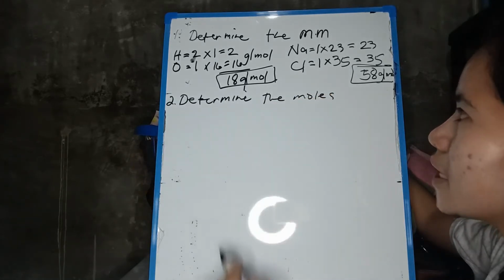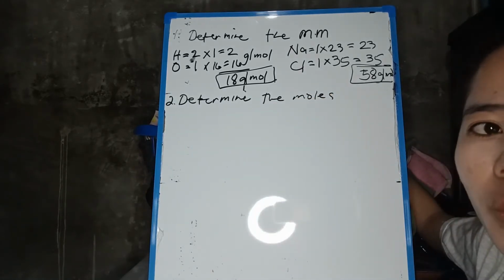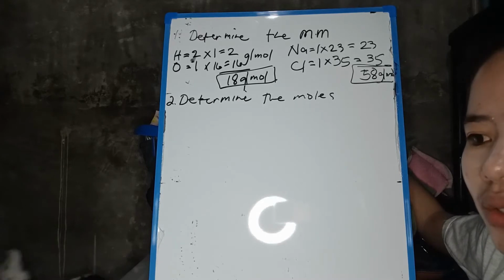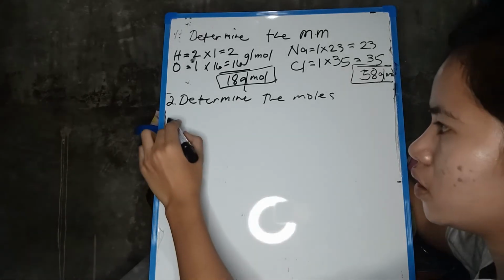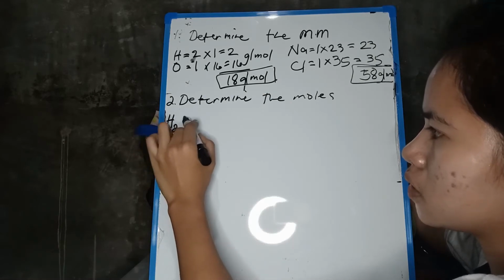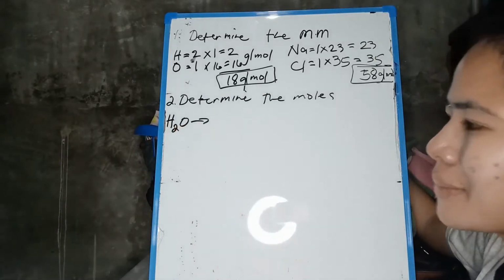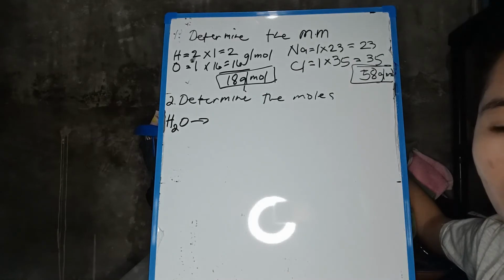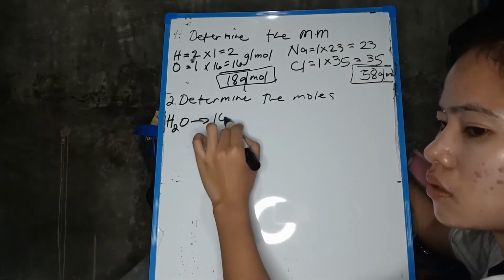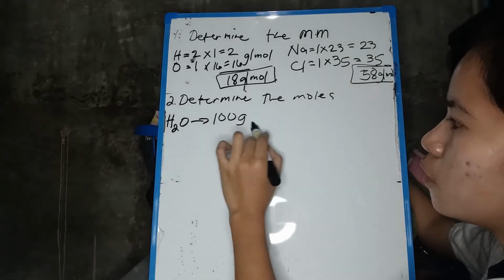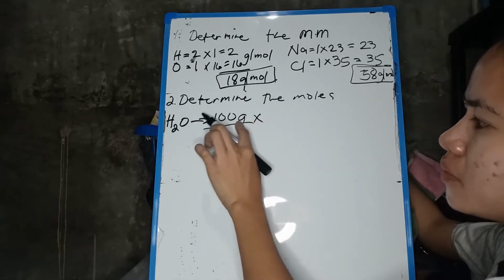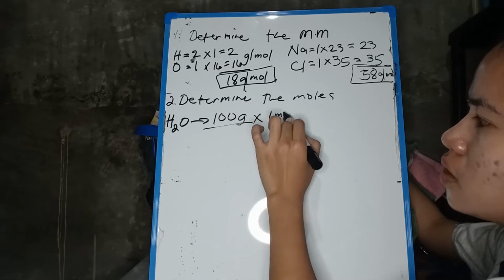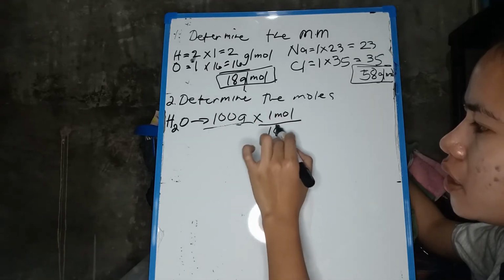So since NaCl is already has a mole which is 0.100, so ang atuan na lang pangitaon is the mole of the water. So 100 grams over or divided to 1 mole over 18 grams.